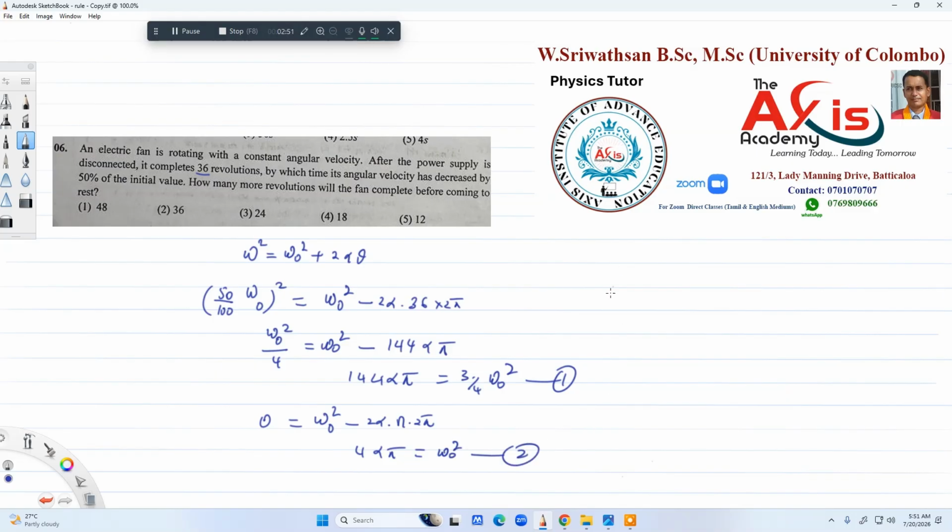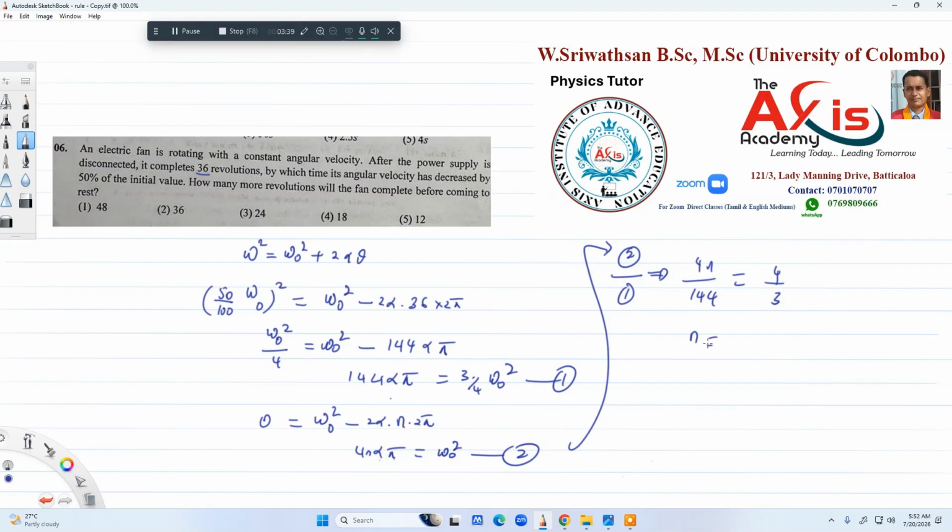This is equation 2. So from equation 1 and 2, if you divide equation 2 by 1, this alpha pi will be cancelled out. 4n over 144 equals omega naught squared divided by 3/4 omega naught squared, so that will be 4 by 3.